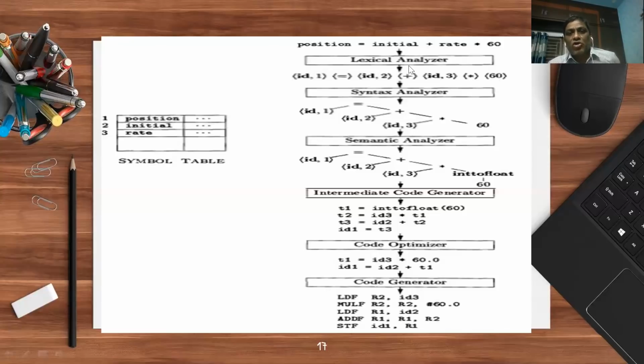So the output of this lexical analyzer looks like this. ID1 equals ID2 plus ID3 into 60. And this information of 1 position, 2 initial, 3 rate is available in the symbol table along with the type, initial value, and so on. Every information about this is available.